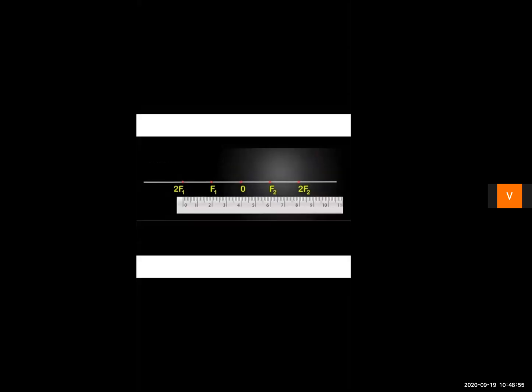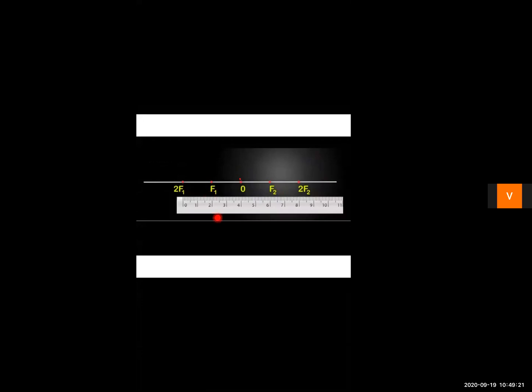Now, in mirror also I told you that whenever you draw ray diagrams, you have to use measurements. Measurements are very, very important when you draw ray diagrams, right, children? So first mark the optical center O. From optical center O, take 2 centimeter distance on both sides.